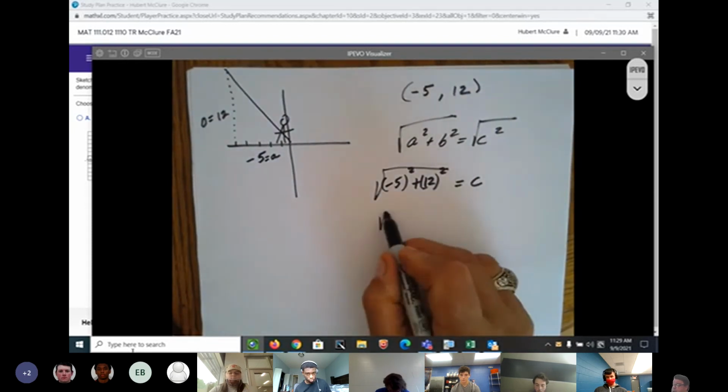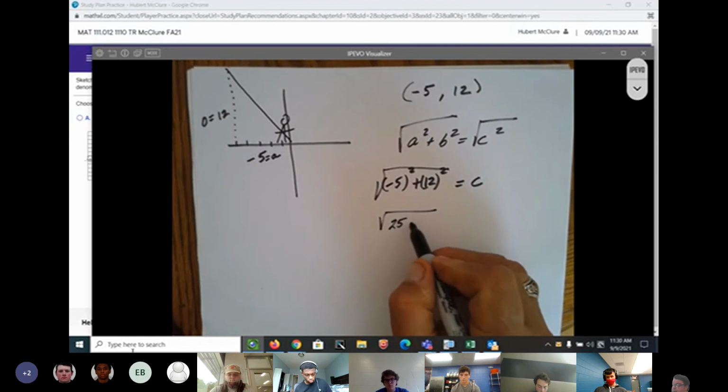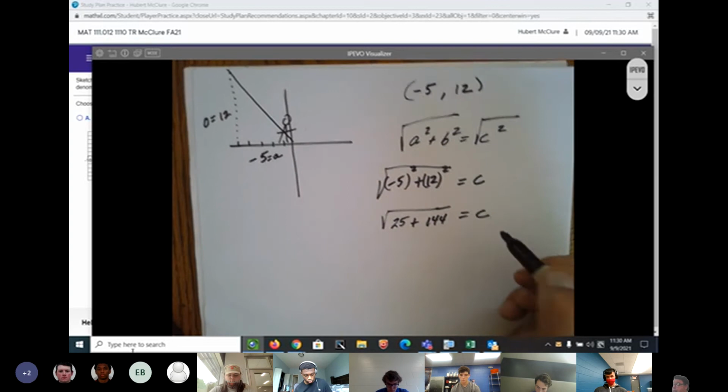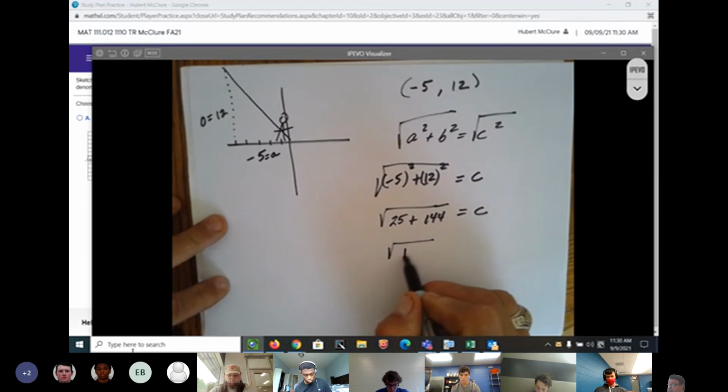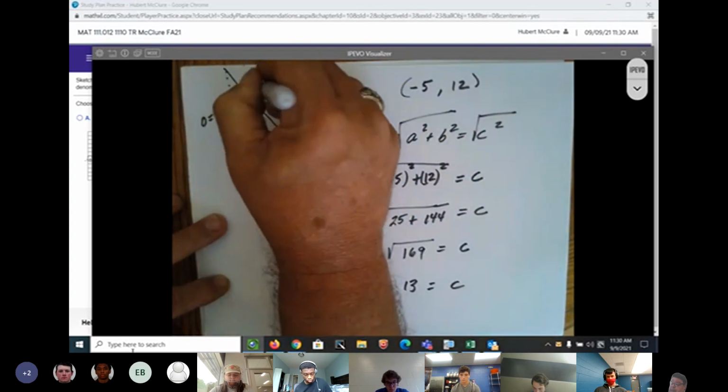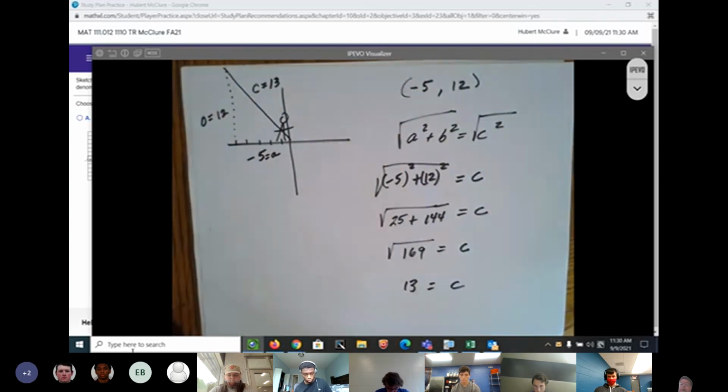And that's going to be the square root of 25 plus 144. And the square root of 169 is what? 13. So C is equal to 13.